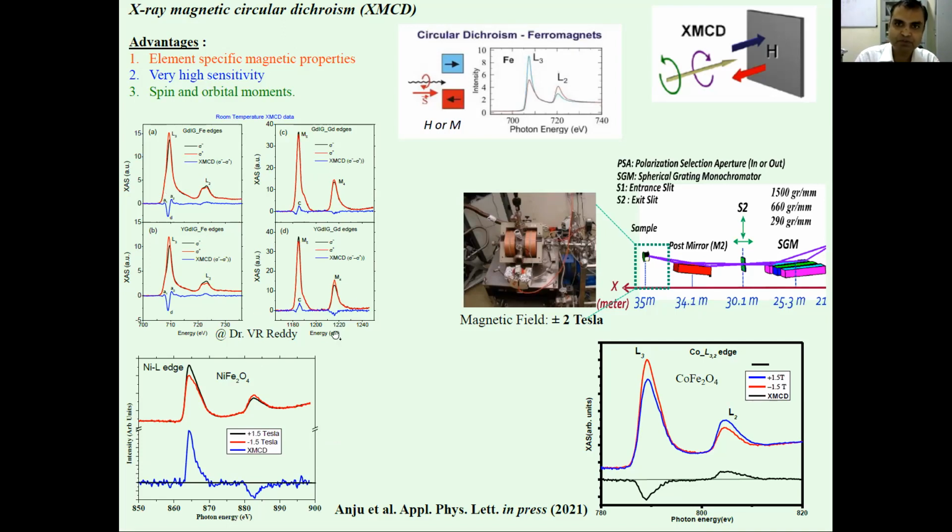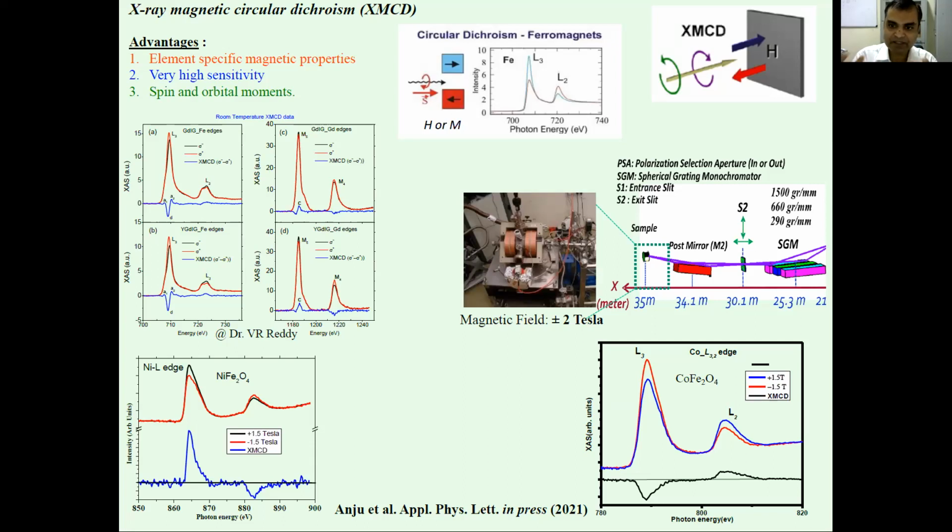So how do we do this experiment? Please remember that the absorption of a particular polarized photon will depend on the spin alignment. For opposite spin alignment, the particular polarized photon is absorbed differently.